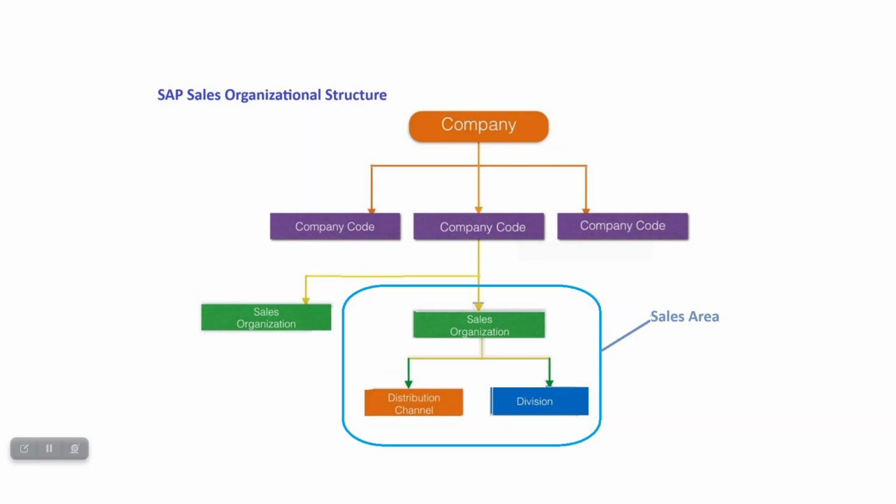The distribution channel is attached to the sales organization. There is no standard SAP functionality that makes use of the distribution channel on its own. Commonly, distribution channel codes are defined that belong to multiple sales organizations.